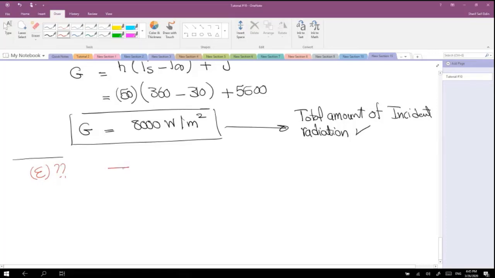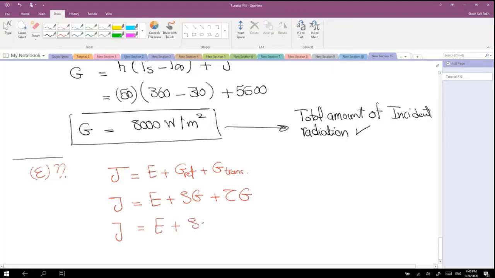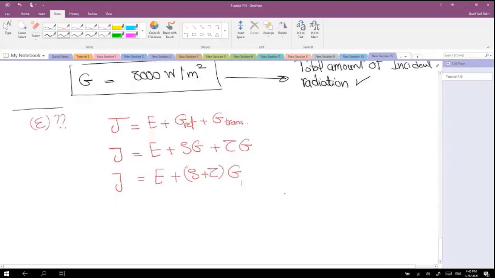Do we remember that J is basically E plus G reflectance plus G transmittance, and this J is equal to E plus rho multiplied by G plus tau multiplied by G. J is also equal to E plus (rho plus tau) multiplied by G. And what is given to you here?